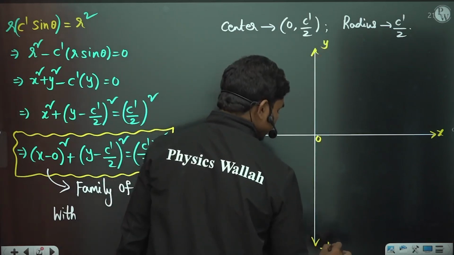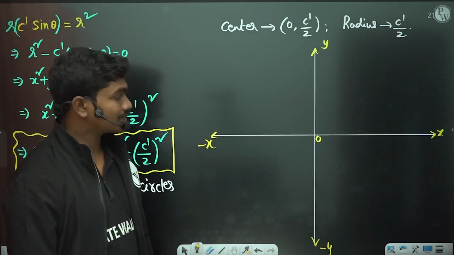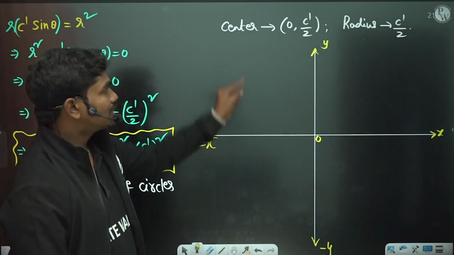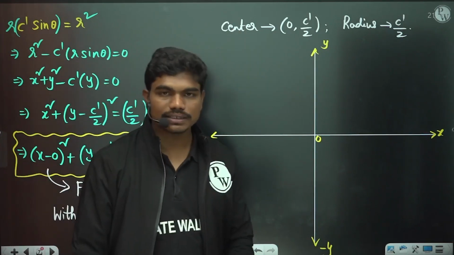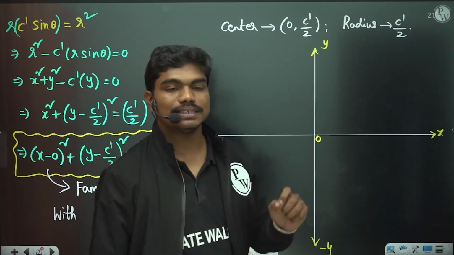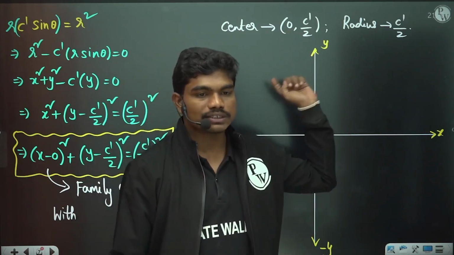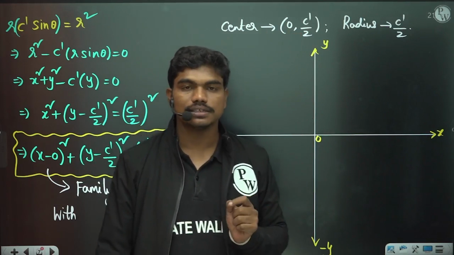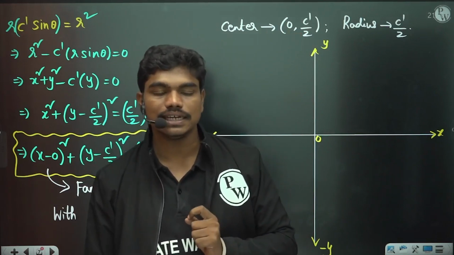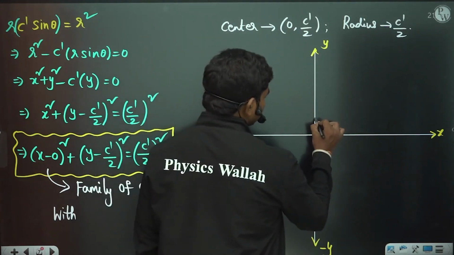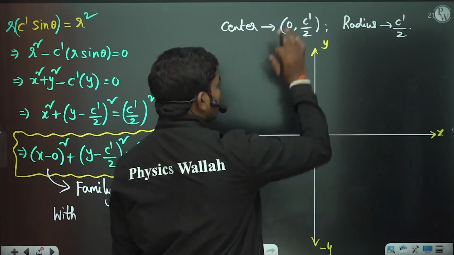Now the center is 0 comma c dash by 2. What is the meaning of the x coordinate 0? Means the center is on which axis? X coordinate is actually 0 for the center, then the center is on the y axis, somewhere here, for one particular value of c dash.